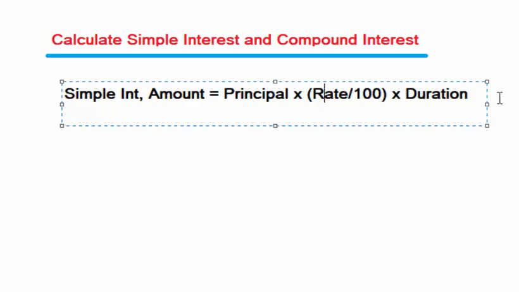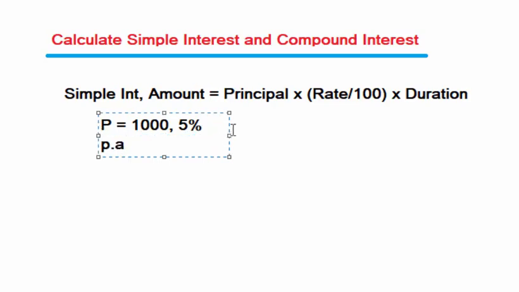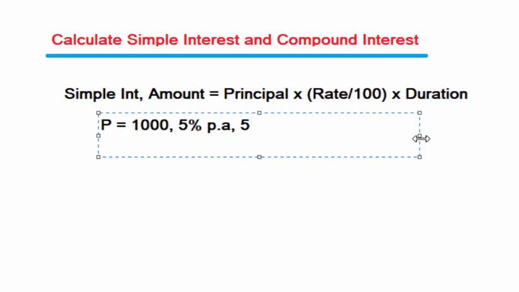Let us just do one example for you to be able to understand. Now, assuming our principal amount is 1,000 bucks, and it is being invested at the rate of 5% per annum over a duration of 5 years.